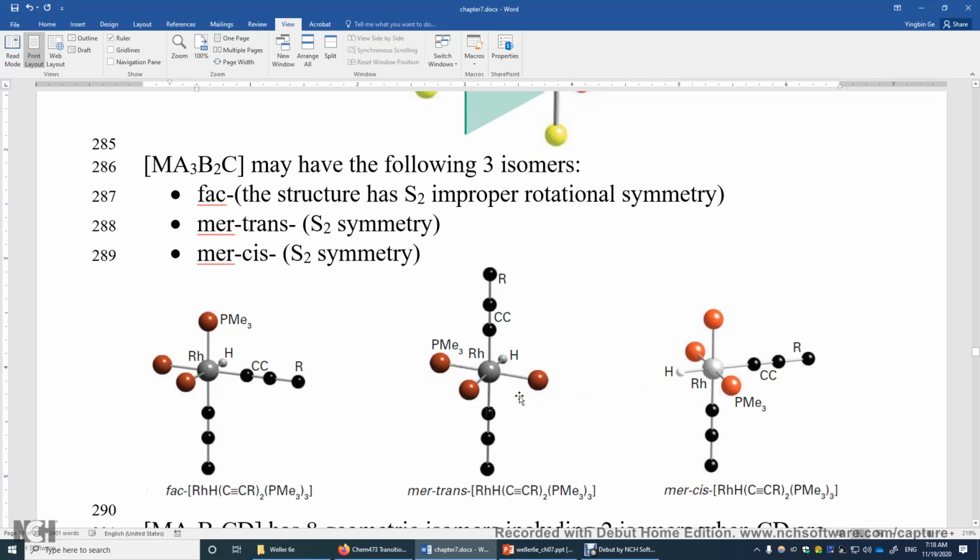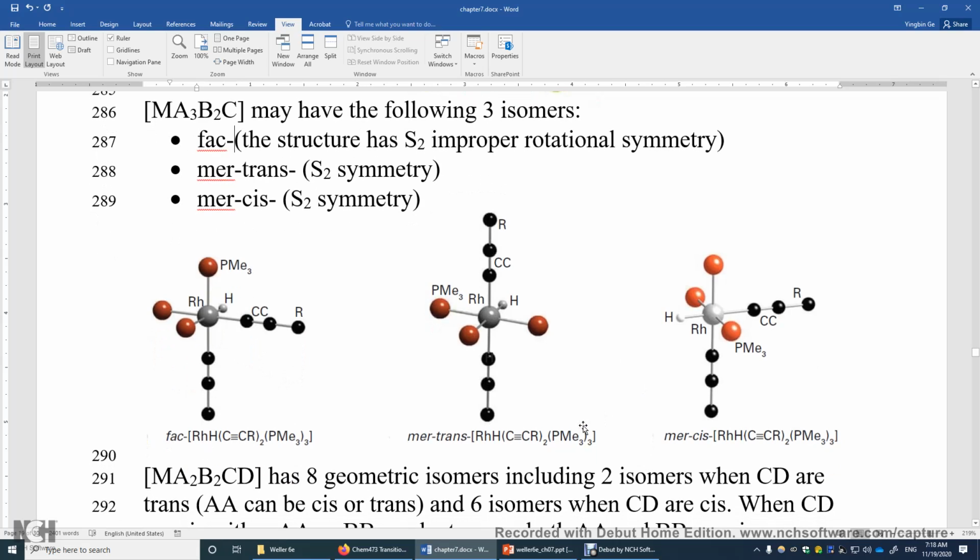So that's why you have three different kinds of geometric isomers when you have three A's, two B's, and one C. Over here, you're looking at facial, meridional, referring to the three A's, trans referring to the two B's, and over here it's meridional, cis. Meridional is referring to the three A's, and cis is referring to the two B ligands. Don't worry about the position of the C ligand.